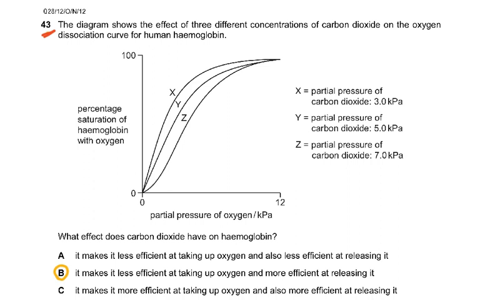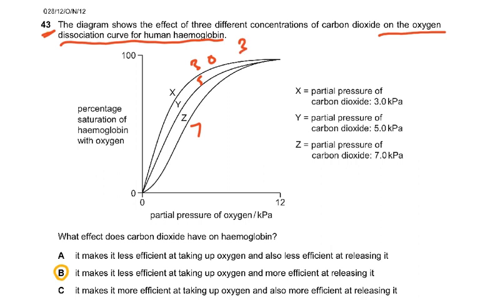The diagram shows the effect of three different concentrations of carbon dioxide on the oxygen dissociation curve for human hemoglobin. Now you can say X is 3.0 kPa carbon dioxide, then Y is 5 kPa, and then Z is 7 kPa.